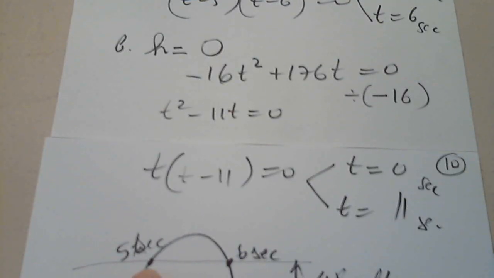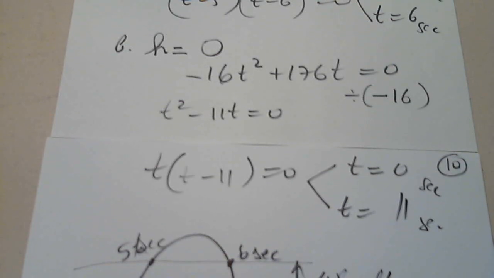Starting at 0, going up, crossing the line of 480, reaching a maximum, coming back down, hitting the 480 mark again, and then hitting the ground 11 seconds from the beginning.